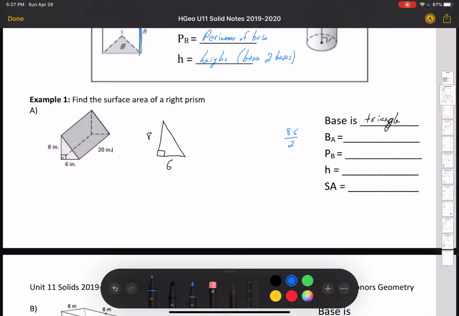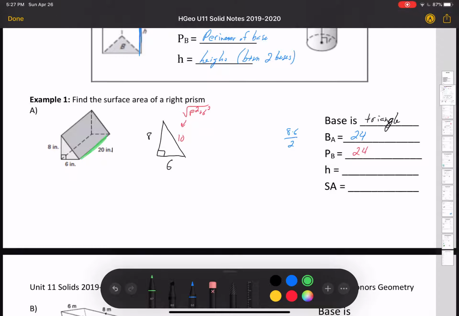Okay, and that's going to give us an area of the base of 24. Perimeter of the base, we need to add up all the sides. So we need to do 8 squared plus 6 squared and take the square root of that in order to get the hypotenuse. Hypotenuse is 10. So when I add up all the sides, the perimeter of the base also happens to be 24.